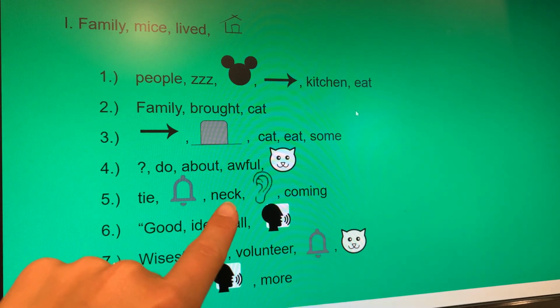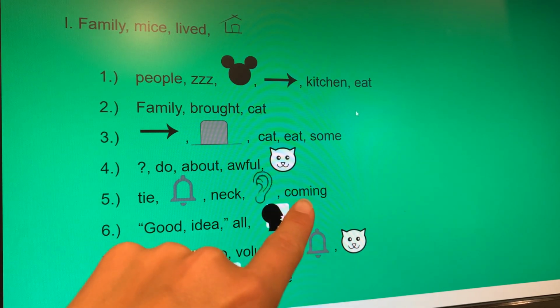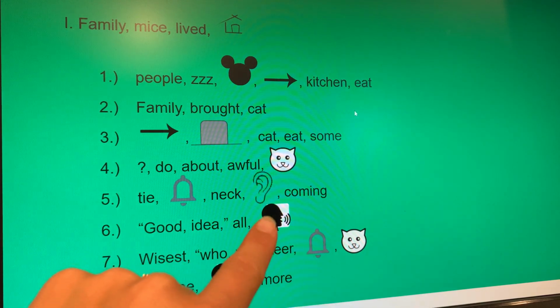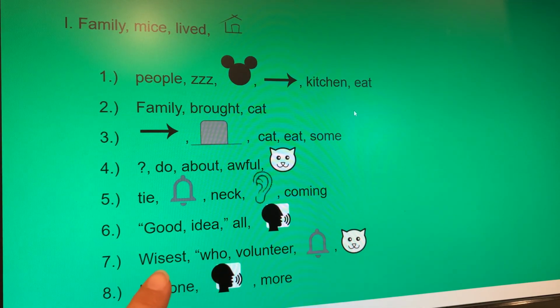Tie a bell, neck, hear, coming. Good idea, all. And this stands for said. The wisest, there's a little quote for him, who would volunteer, the bell, the cat. No one spoke more.